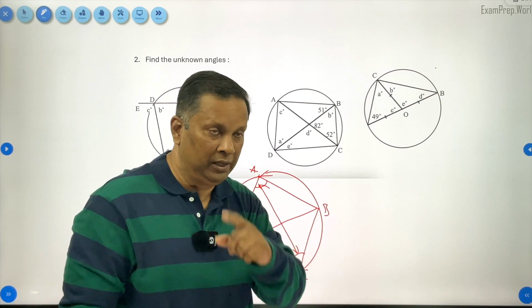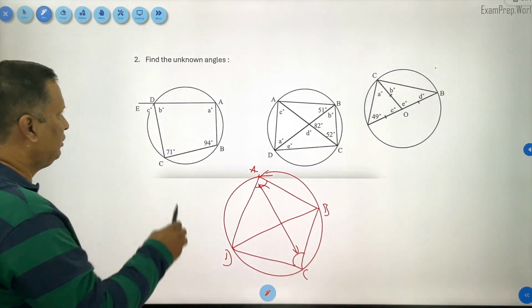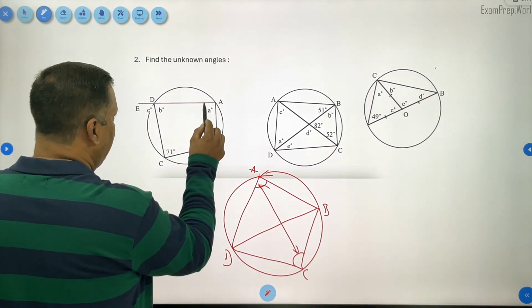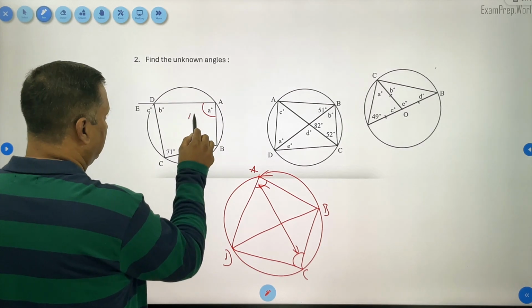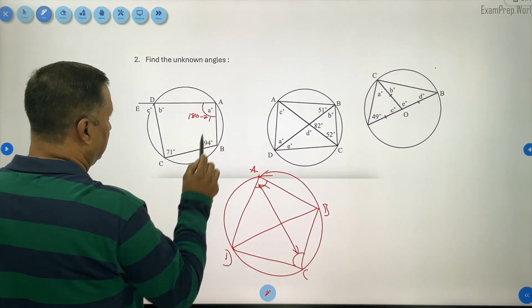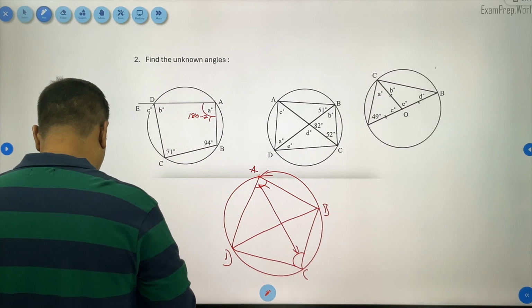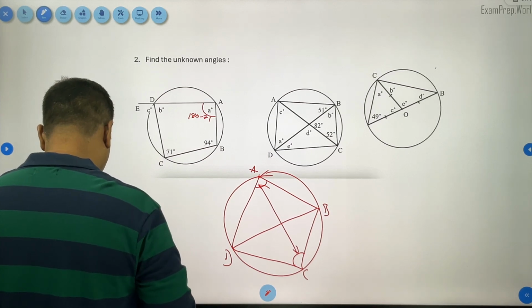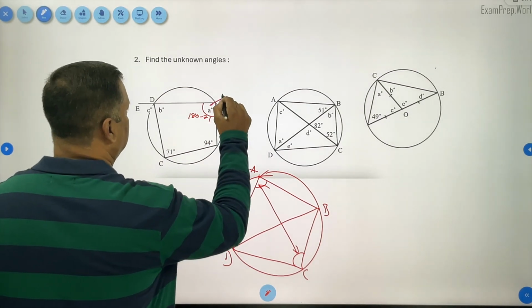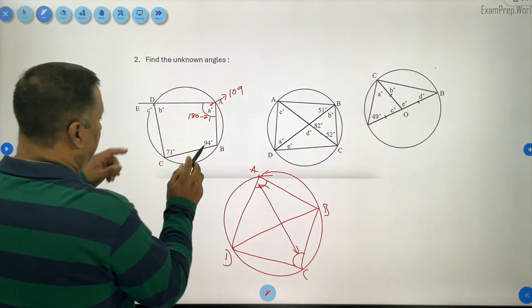Okay, diagonally opposite angles. So if you have 71 here, this will be 180 minus 71, which is 109. And this is 94.